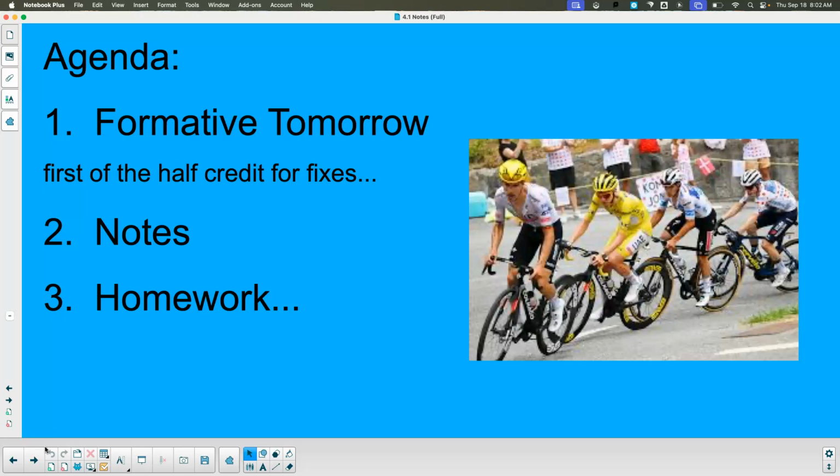Okay? So the rationale behind that was we found over the last couple of years, we started it last year. When is the formative to the corrections? Day of the test. Everything for us, the due date is always day of the test.